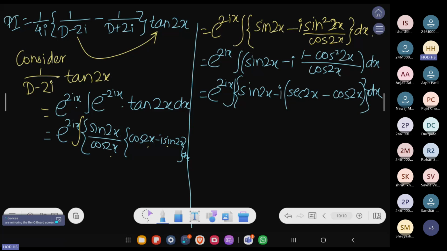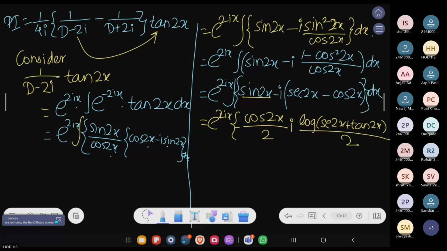Now integrate the values. You will have e to the power 2ix. The integration of sin 2x dx will be cos 2x by minus 2, right? Integration of sin is negative. Then i times, what is the integration of sec 2x? It will be log of sec 2x plus tan 2x by, again 2.